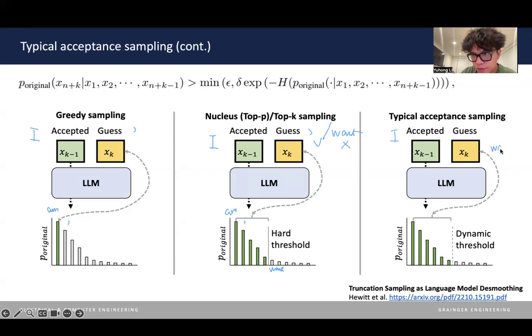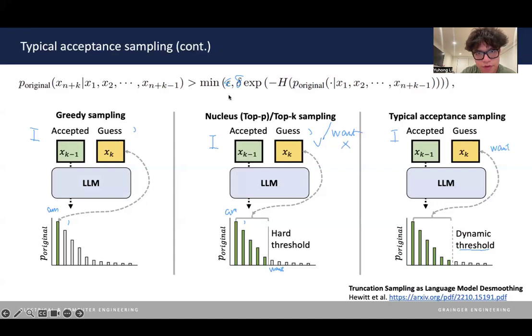But what if in this one? Because the threshold, you basically understand, is a kind of dynamic threshold. It depends on the entropy of your output logits, and it calculates with this formula.